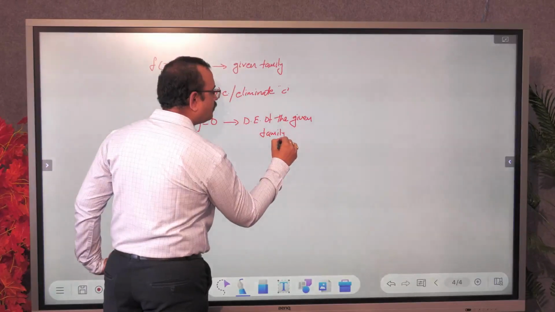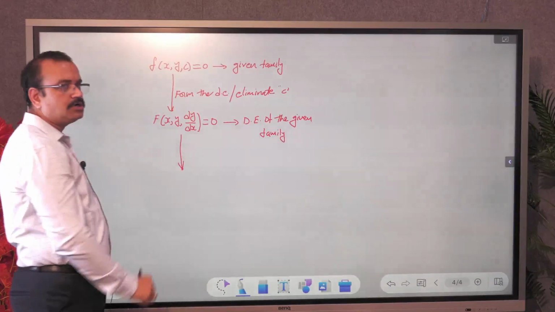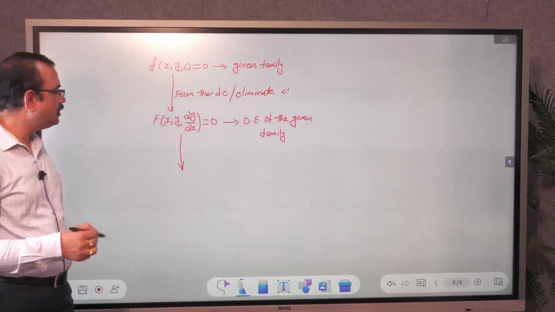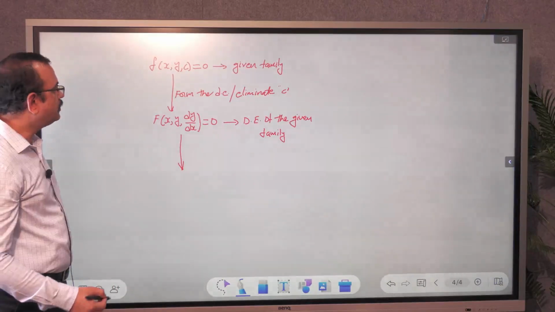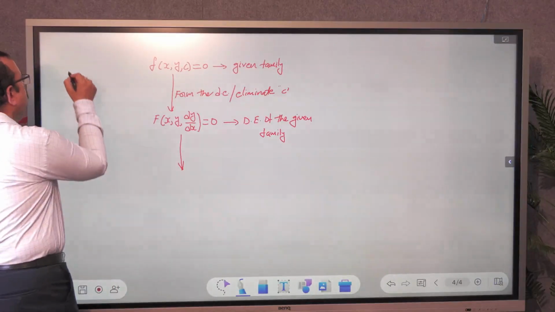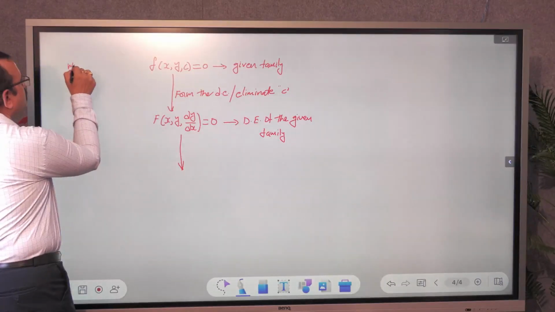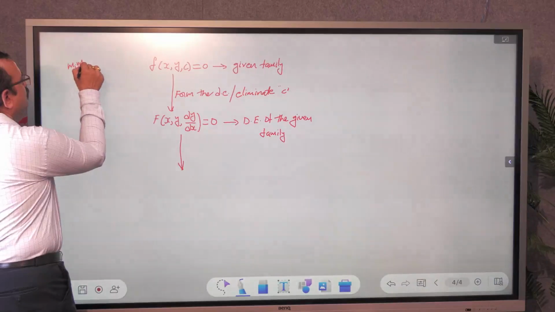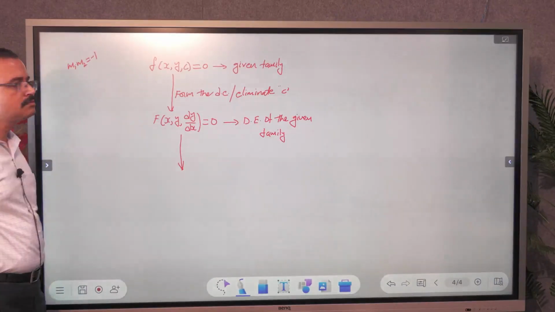So now what we have to find? We have to find the orthogonal trajectories. Orthogonal trajectories means, as I already told, perpendicular. From basic geometry, two curves are said to be orthogonal if the product of their slopes is nothing but -1.